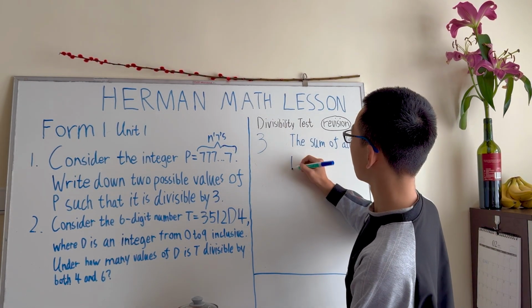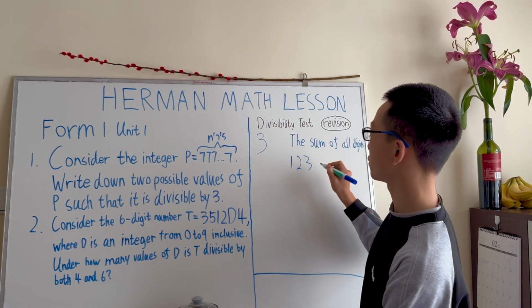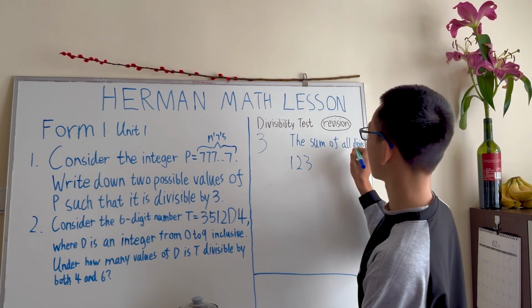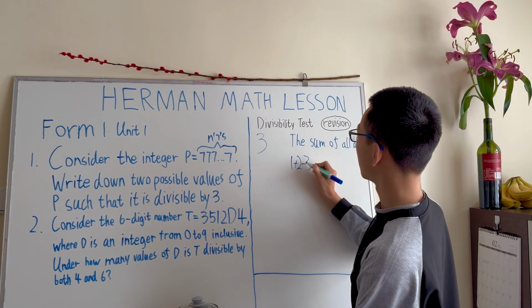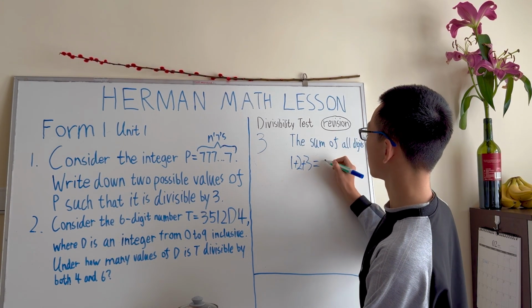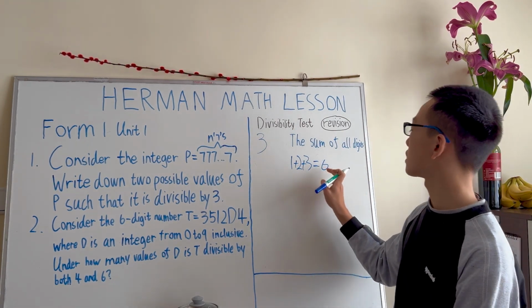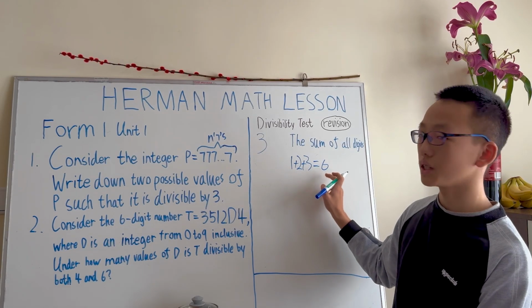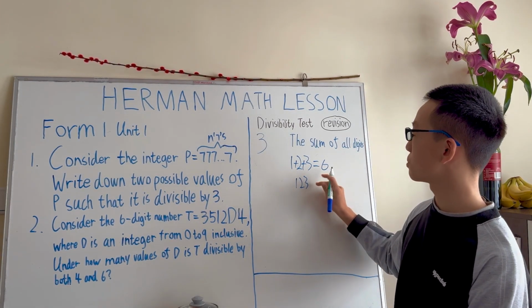Like 123. We look at the sum of all digits, so we add them, and it equals 6, and we know that 6 is a multiple of 3. So 123 is divisible by 3.